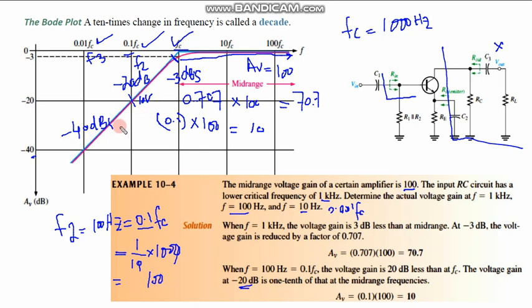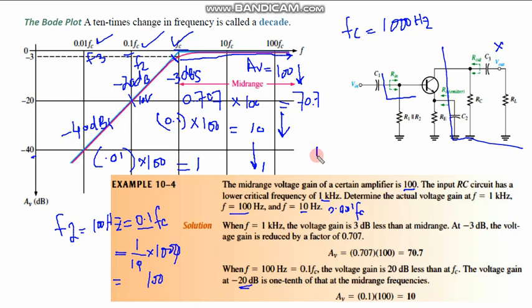Then we repeat the same thing: minus 40 dB corresponds to 0.01 times 100. 100 is the initial gain, so it gives us 1. So from 100 the gain drops to 70, then drops to 10, and then is reduced to 1.